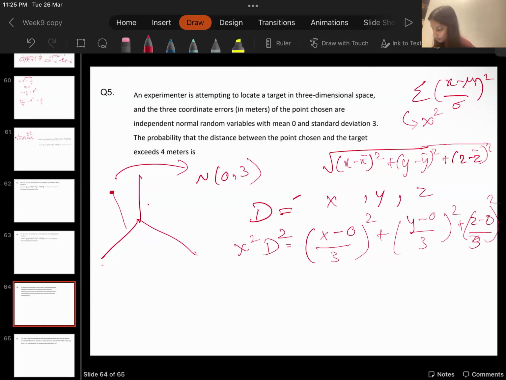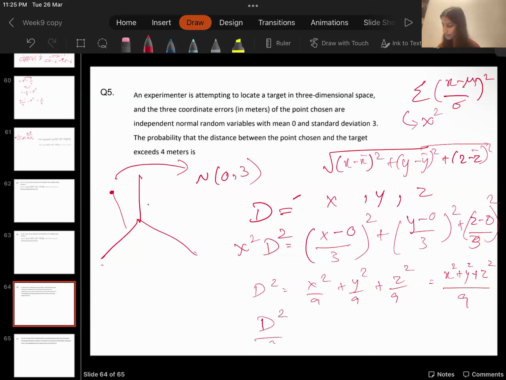When you simplify this, d square is equal to x square by 9 plus y square by 9 plus z square by 9, which is x square plus y square plus z square, all by 9. So d square by 9 is the sum of x square plus y square plus z square, and this follows a chi-square distribution.